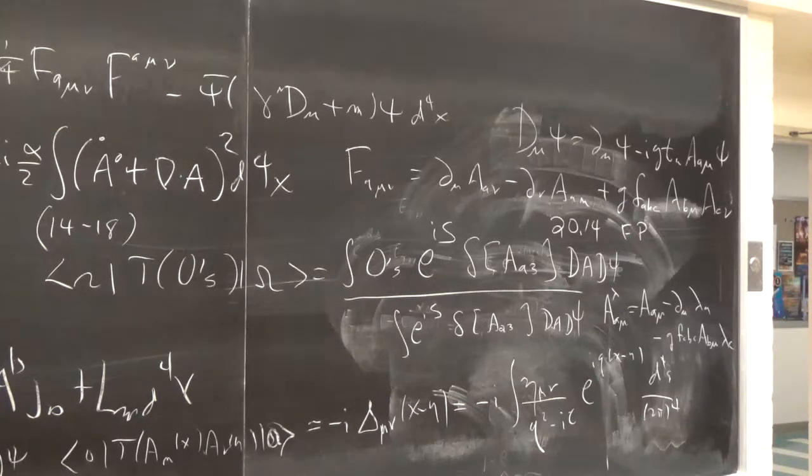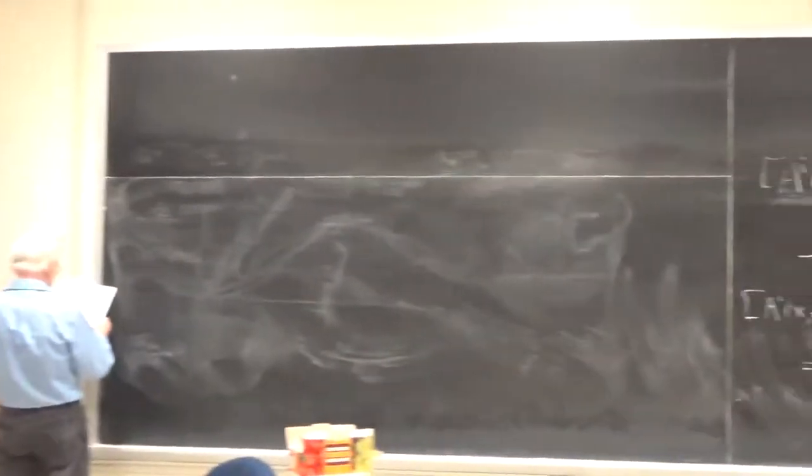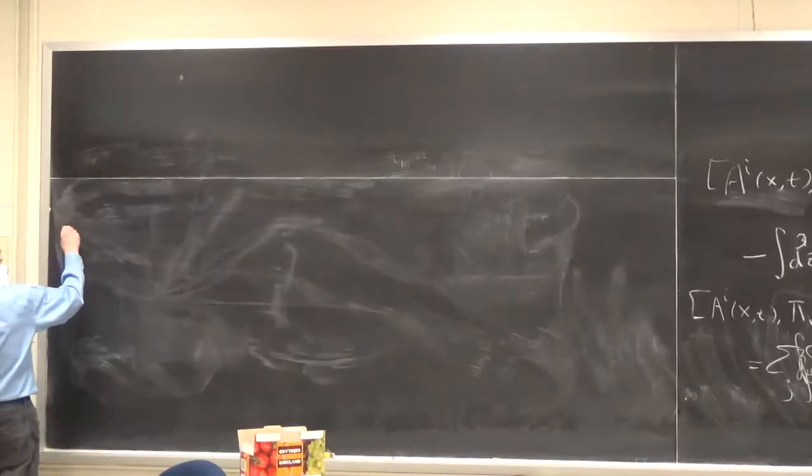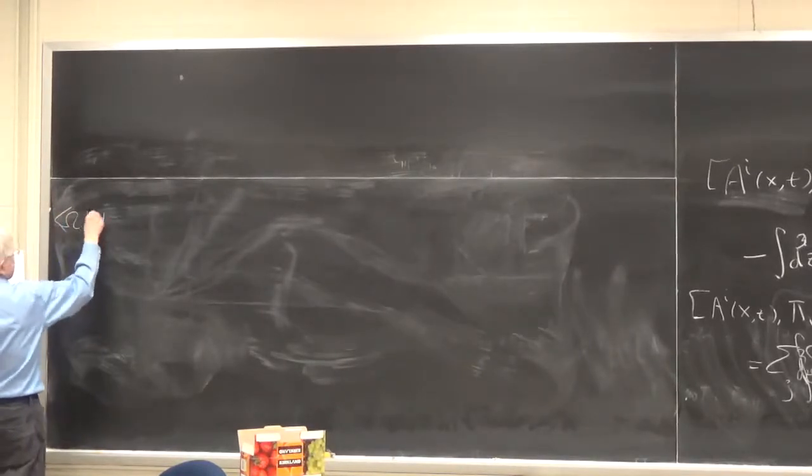And what you need here, though, is to keep track of the Jacobian of, well, all right, let me just do it really. Let's just say what it is that we're doing.